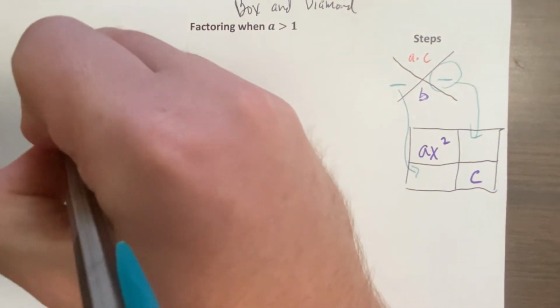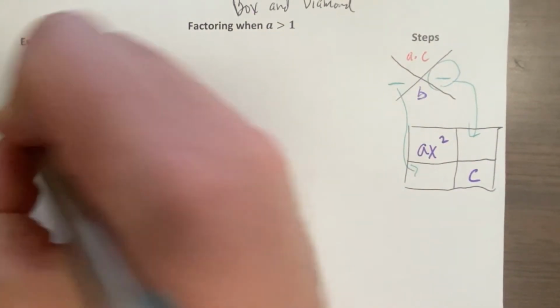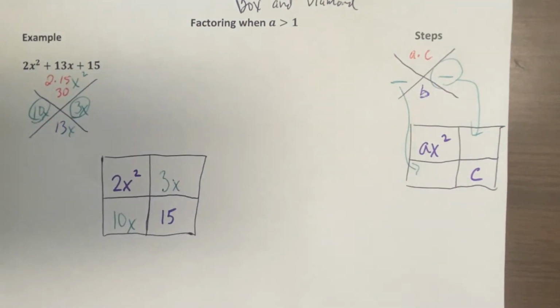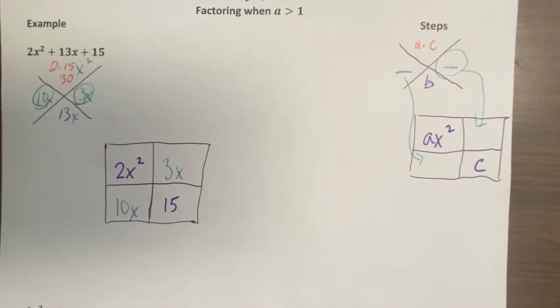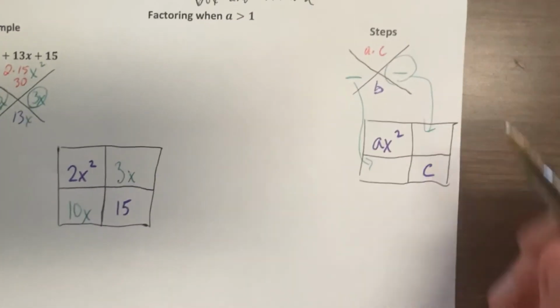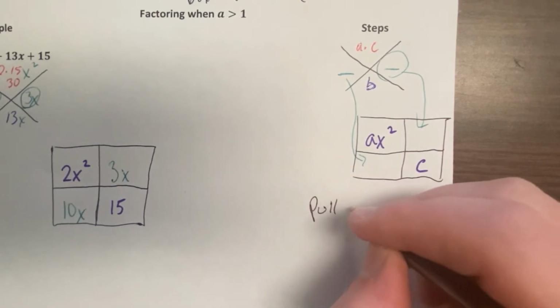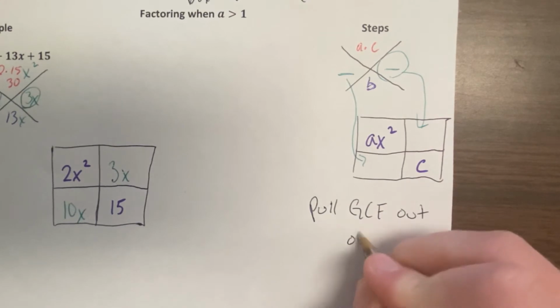These are x's, so remember, when we put these in, they are 10x and 3x. Now that the box is complete, the last step is pulling the GCF out of the box.